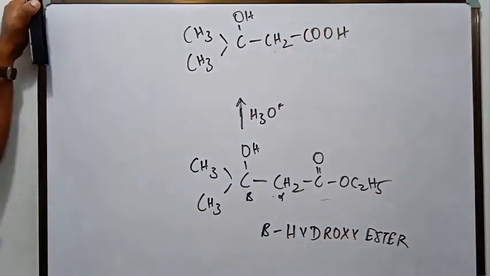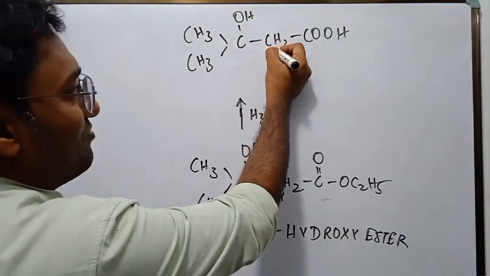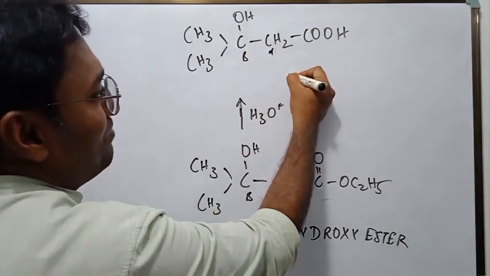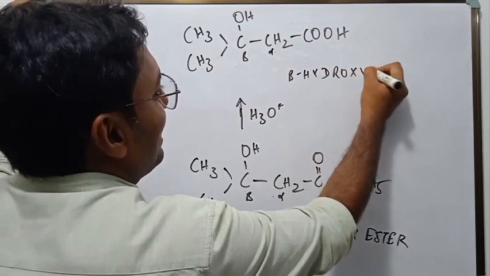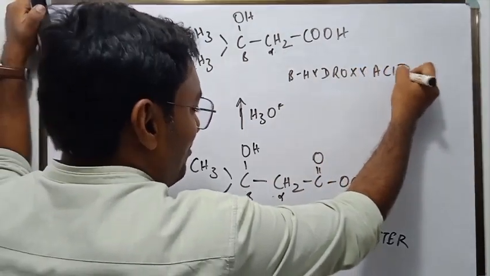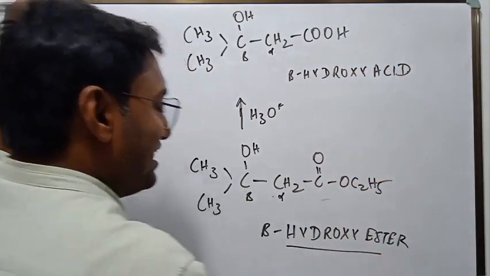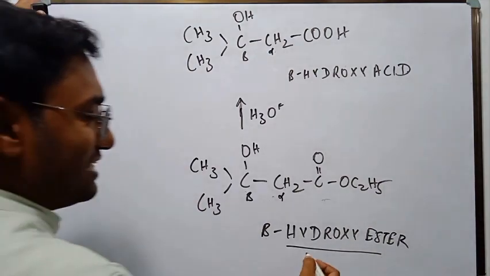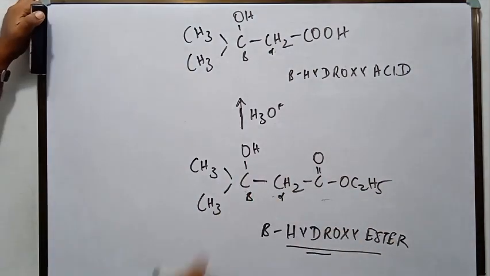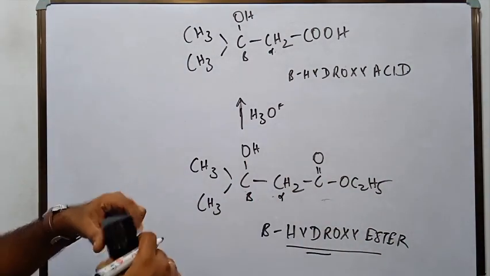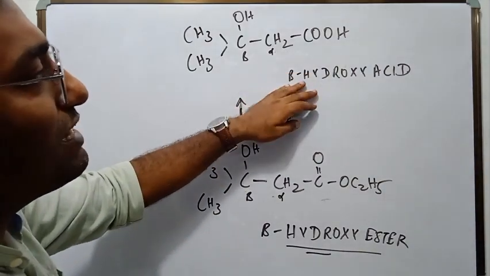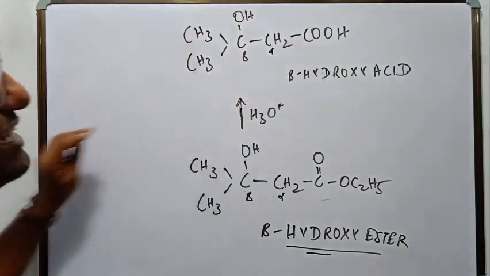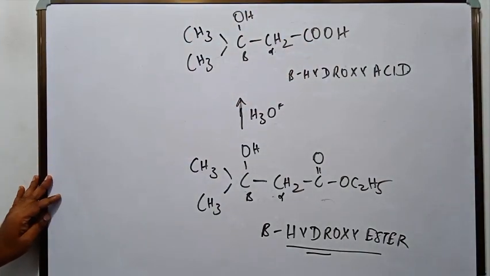What is this acid? Beta hydroxy acid. So you can make beta hydroxy acid out of beta hydroxy ester. Beta hydroxy ester can be made using the Reformatsky reaction, so indirectly you can make a beta hydroxy acid.